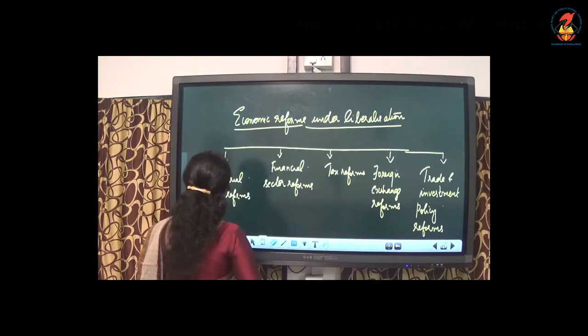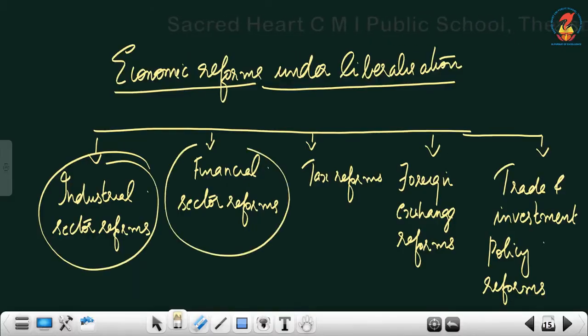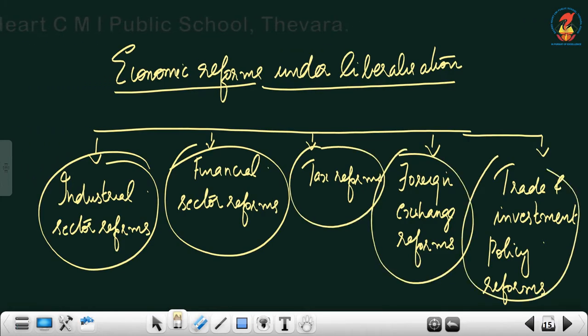Under liberalization, the first one is industrial sector reforms, the second is financial sector reforms, the third is tax reforms, the fourth is foreign exchange reforms, and the fifth is trade and investment policy reforms. In all these areas, how many are there? 1, 2, 3, 4 and 5.